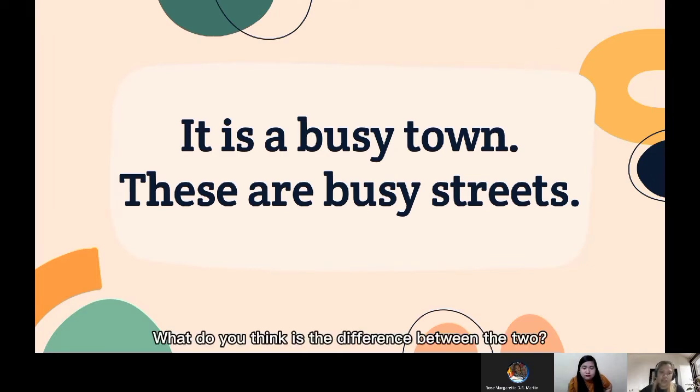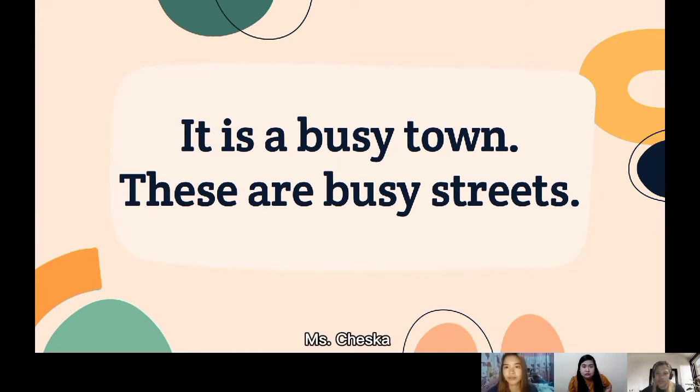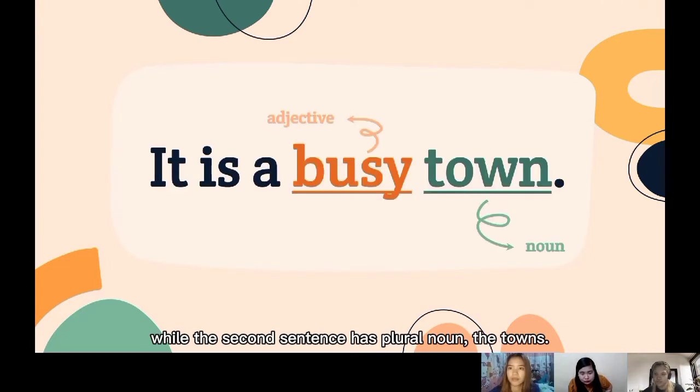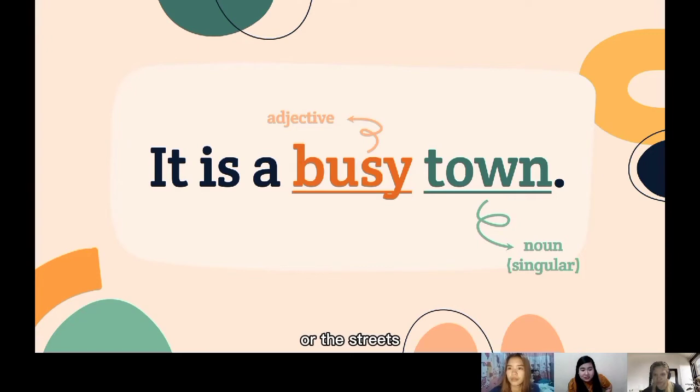What do you think is the difference between the two, Miss Cheska? It is a busy town. These are busy streets. The noun that the adjective modifies in the first sentence is a singular noun, while the second sentence has a plural noun, the streets.